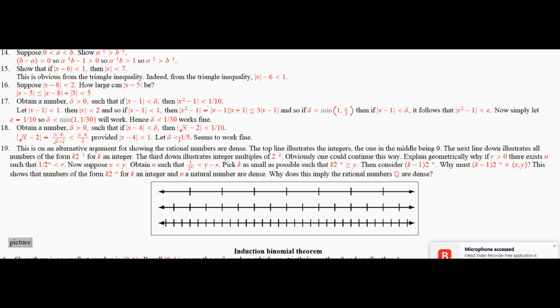Okay, now remember, one of the important theorems was that the rationals are dense in the real numbers. So I'm going to go through an alternative argument. We're going to let these be the integers. See, they're equally spaced. And then we could look at all of the numbers of the form an integer multiple of 1/2, and that would be right here. See, if this is 0, that's still 0.